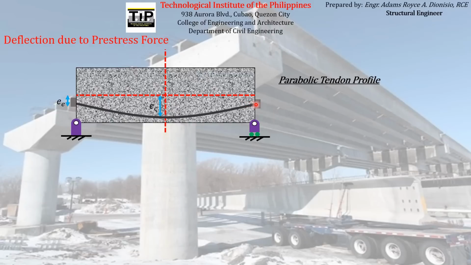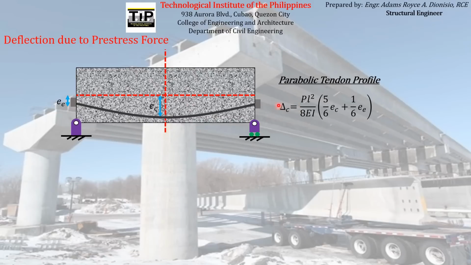The formula for the deflection of a prestressed concrete beam with a parabolic tendon profile in general is equal to this formula. Again, the maximum deflection occurs at midspan or at the center.